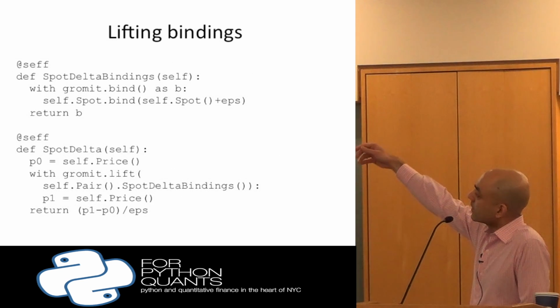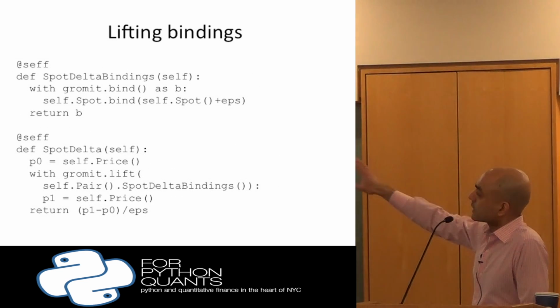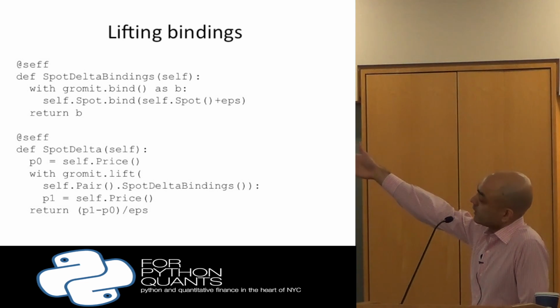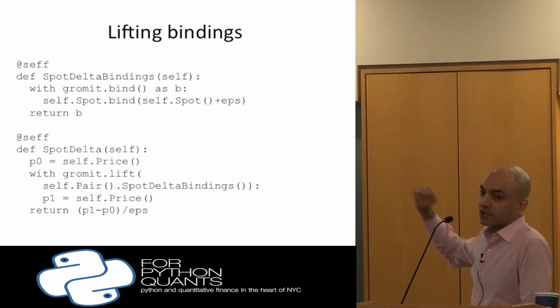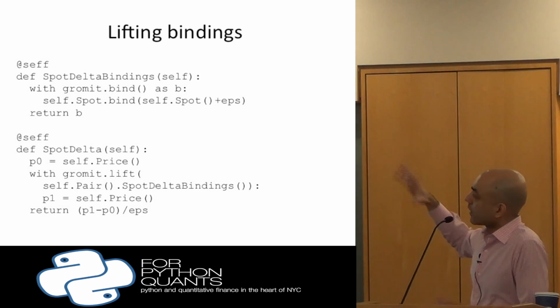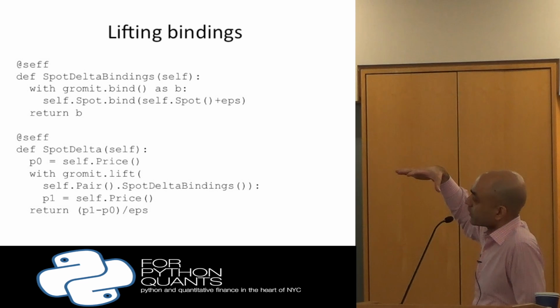So say I'm trying to do a spot delta. I can define a spot delta binding which says, make a new binding set, B. I'll bind my spot, say this is a currency pair, to spot plus epsilon, and I'll return that binding set. So now this is still a pure function. It took the current set of bindings, constructed a new binding on top of it, put a binding into that and returned it.